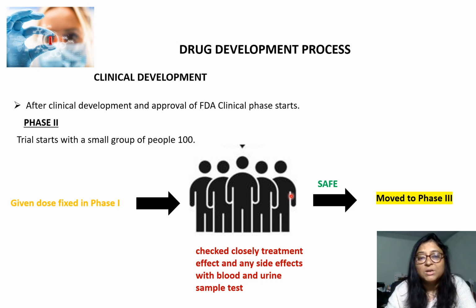It depends on the type of disease for which they are using that medicine. Accordingly they do all the tests, and if they find that this dose is fixed, it can be given to the group of people, it has benefits, it doesn't have any side effects, it is safe to go, then that drug moves to the next stage, that is clinical trial phase 3.